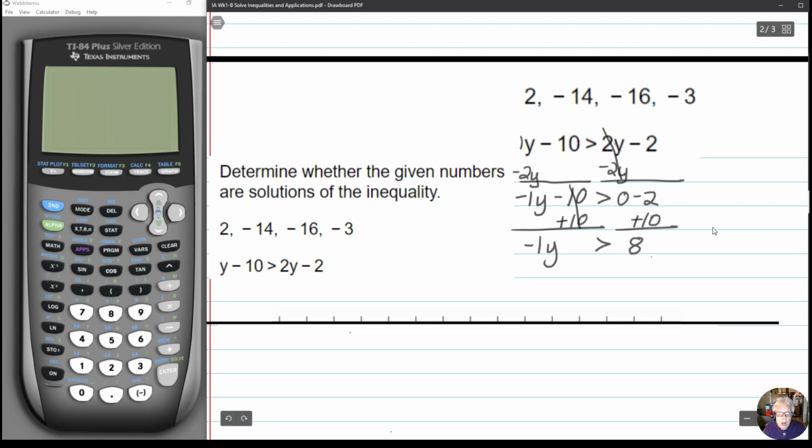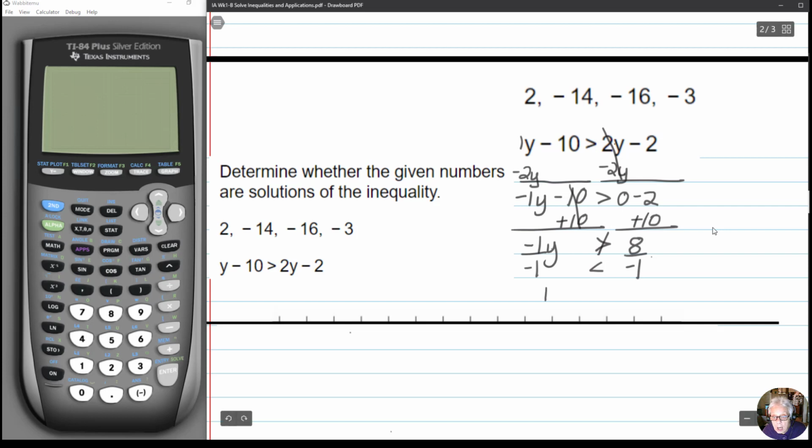Now to solve for y, I divide both sides by negative 1. And remember with inequalities, when you divide by a negative number or multiply by a negative number, you have to turn the inequality sign around the other way. Negative 1 over negative 1 is positive 1.